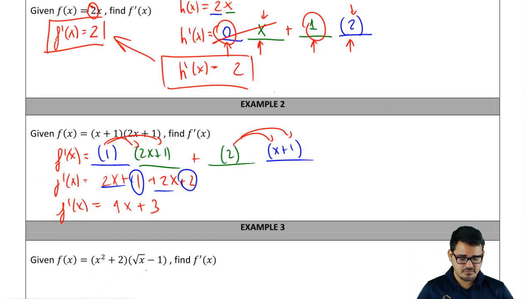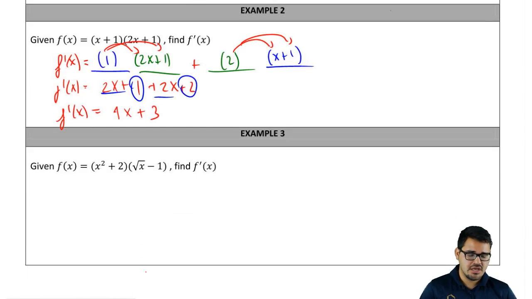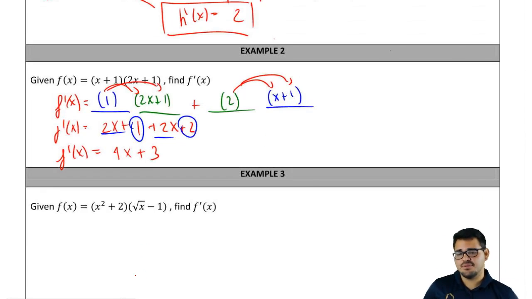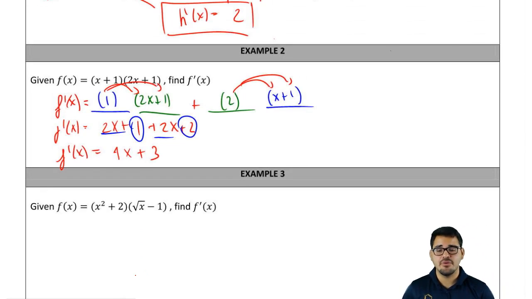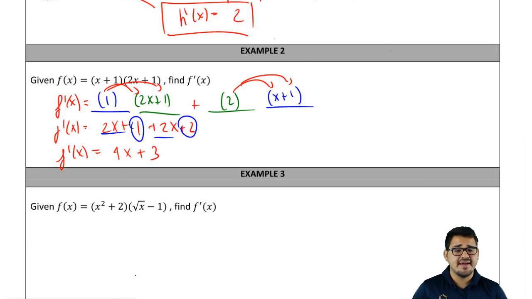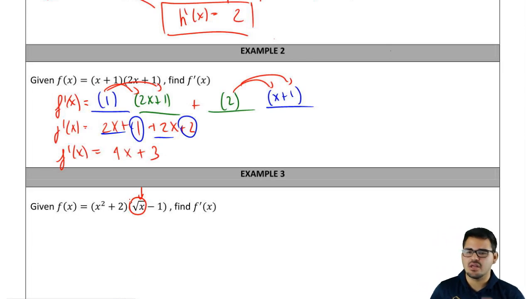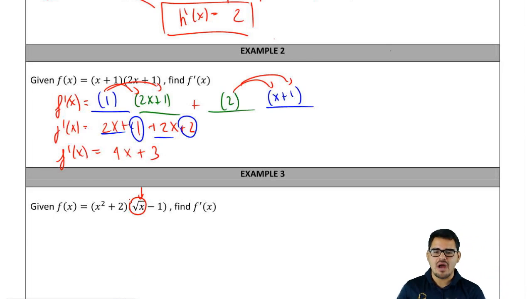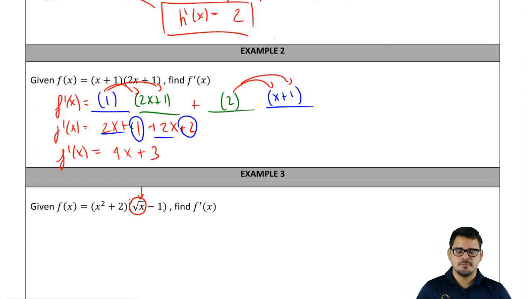Example 3, in which, I'm not going to lie to you, it becomes a little bit of a pain. Because here we have something that we don't like. When we're taking derivatives in this chapter, we're going to run into a very annoying problem, and that is the radical problem, right? This radical just gives me a bad taste in my mouth when I look at it, and I don't want to have all these radicals in my derivatives.